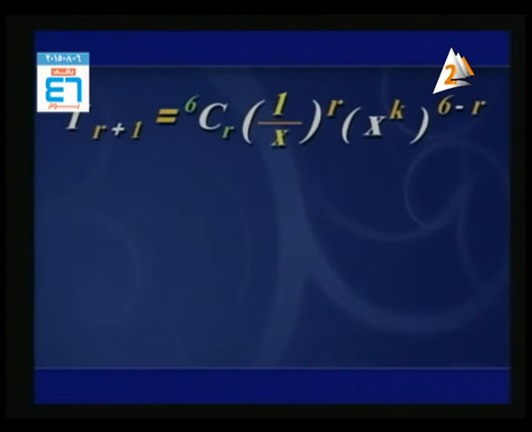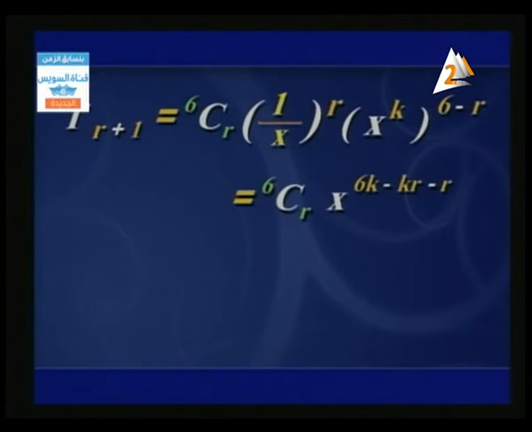T(r+1) equals 6Cr (1/x)^r (x^k)^(6−r), equals 6Cr x^(6k − kr − r).